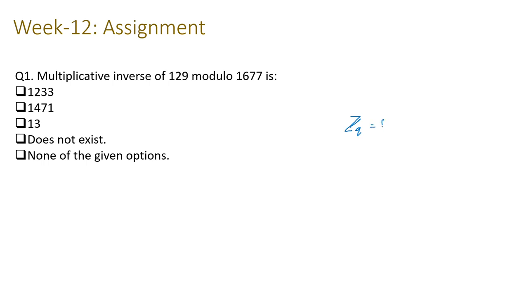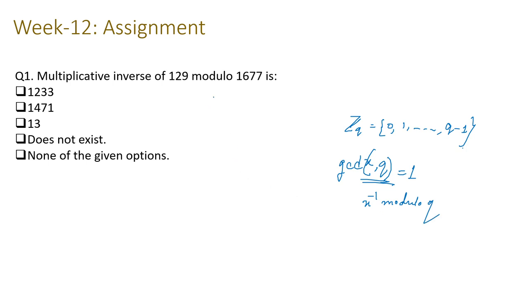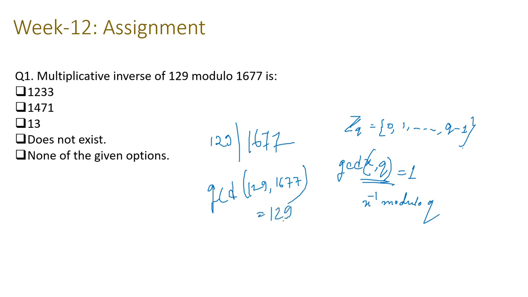In the set Z_Q that contains all the numbers from 0 to Q minus 1, only the numbers that have GCD 1 with Q have a multiplicative inverse modulo Q. Since in this case 129 completely divides 1677, the GCD of these two numbers is 129, and since it is not 1, they are not co-prime to each other, so the multiplicative inverse does not exist.